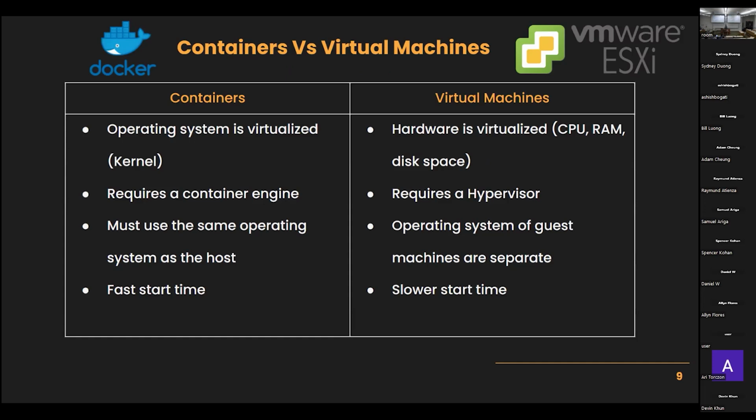So CPU and RAM and disk space you can configure, change how much you want. But in virtual machines, going on to containers, you'll also see that it runs on a container engine, so that's Docker.